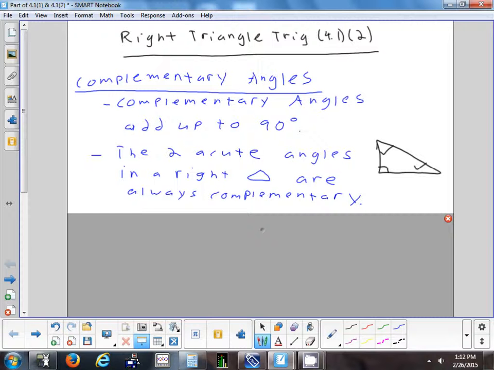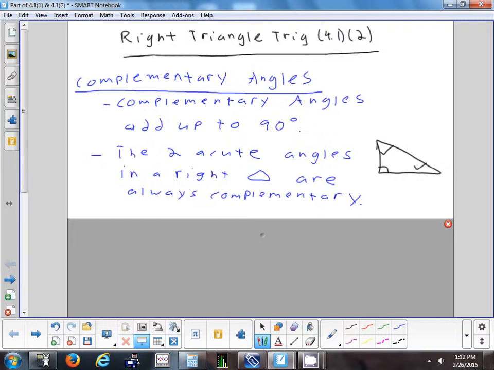Why? Emily? Because the triangle is 180 degrees and one right angle is 90, so the other 2 have to equal 90. Right. If a triangle adds up to 180 degrees, and you've already used up 90 for the right angle, the other 2 also have to add up to 90, or it wouldn't be a triangle. Any question on the idea of complementary angles?